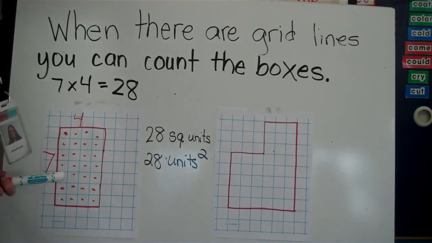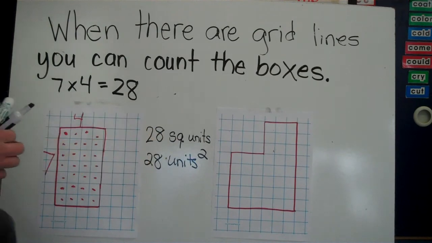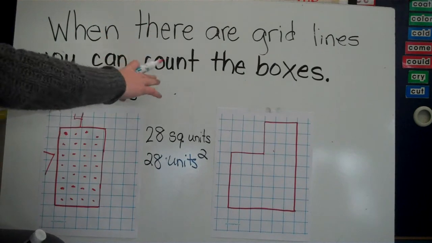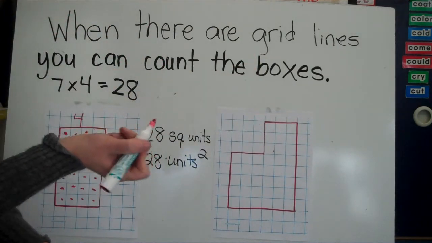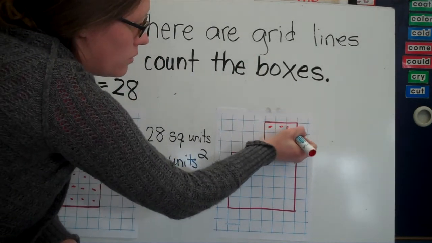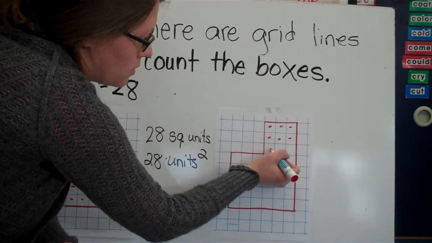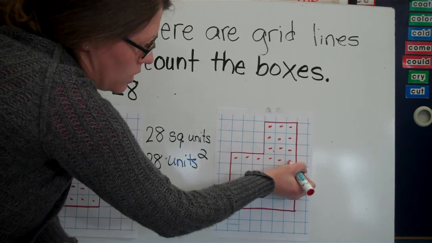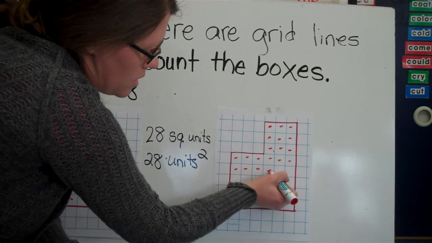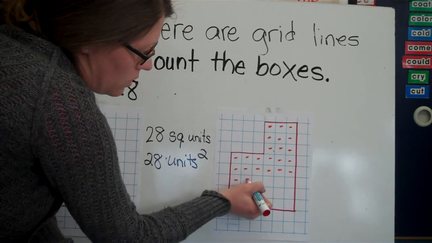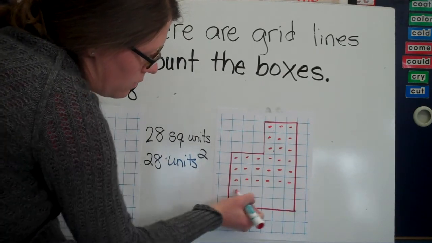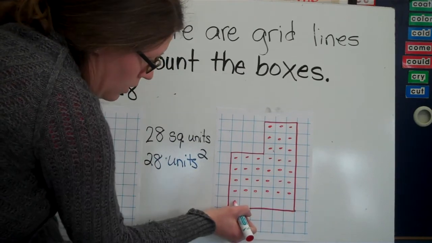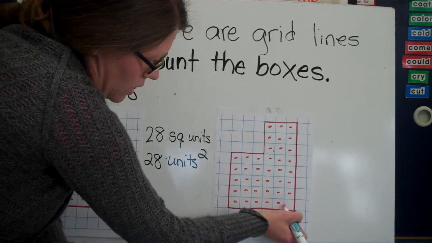Okay, let's look at this one over here. This shape is not just a rectangle. So again, I'm going to count the boxes, and I'm going to put my little dots in. 1, 2, 3, 4, 5, 6, 7, 8, 9, 10, 11, 12, 13, 14, 15, 16, 17, 18, 19, 20, 21, 22, 23, 24, 25, 26, 27, 28, 29, 30, 31, 32, 33, 34, 35, 36, 37, 38, 39.